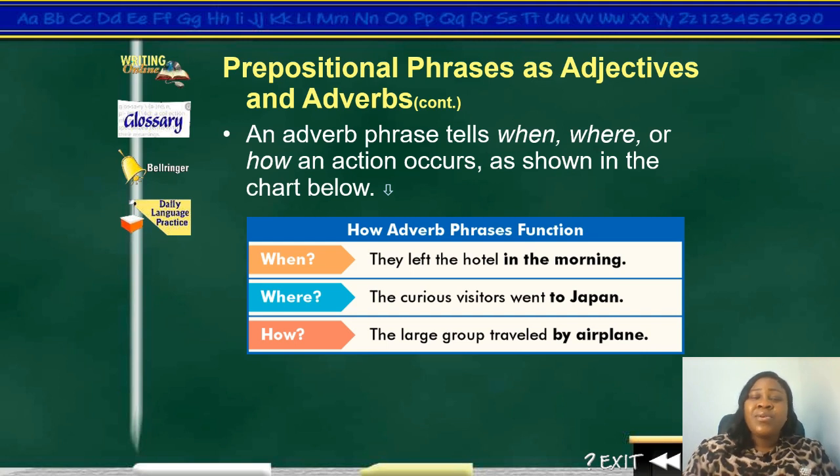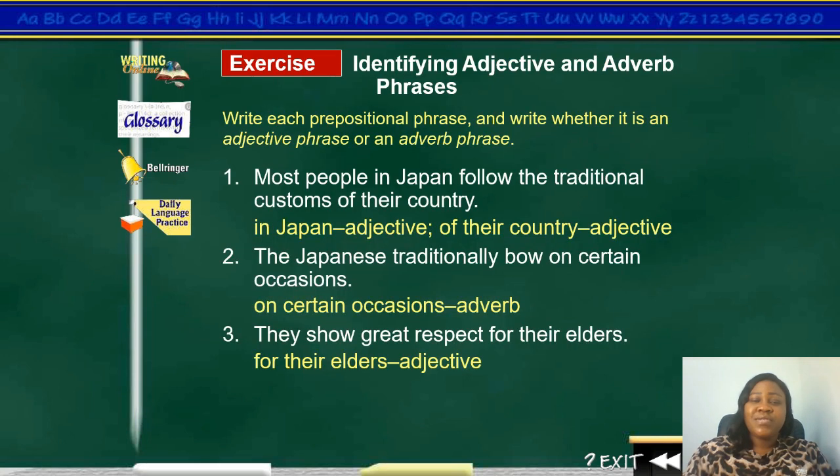The curious visitors went to Japan. To Japan is the adverb phrase and it modifies the verb went. The large group traveled by airplane. By airplane is the adverb phrase and it modifies or describes the word traveled.